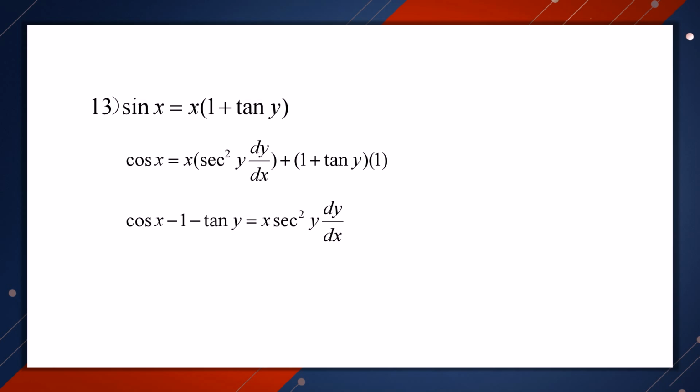And then we move something to one side, and we will find that cosine x minus 1 minus tangent y equal to x times secant y to the power of 2 times derivative of y. And then we simplify it, and we will get derivative of y equal to cosine x minus 1 minus tangent y over x times secant y to the power of 2.